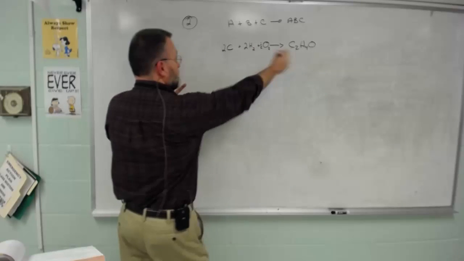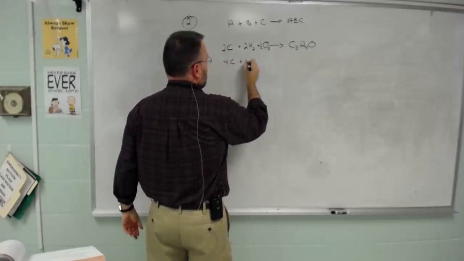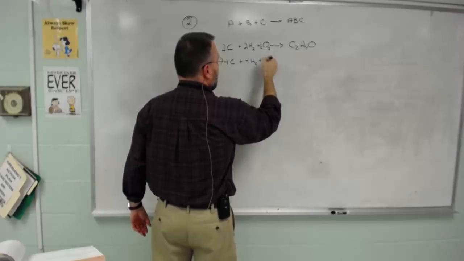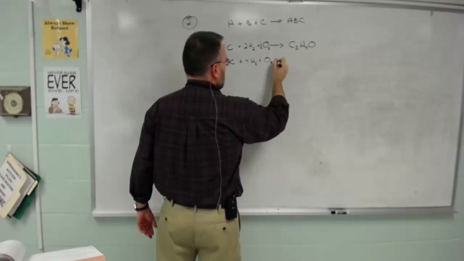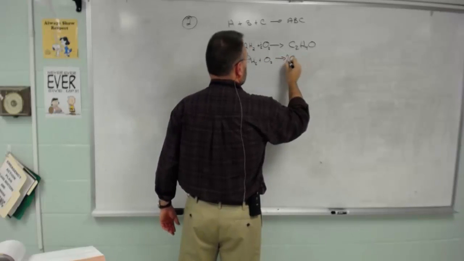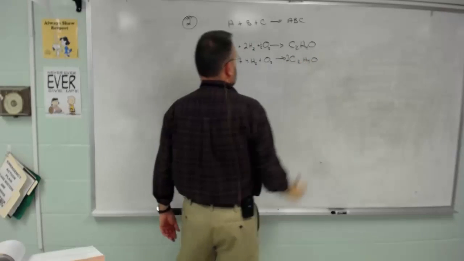Multiplying everything by 2, I then have 4 carbons and 4 hydrogen molecules and 1 oxygen molecule that react to produce 2 C2H4O.